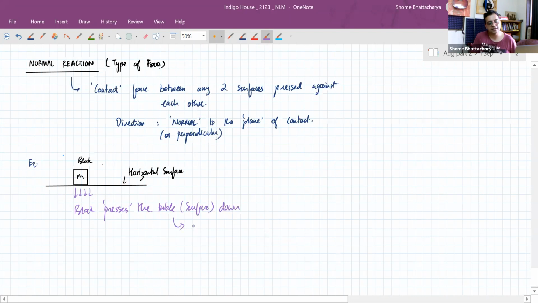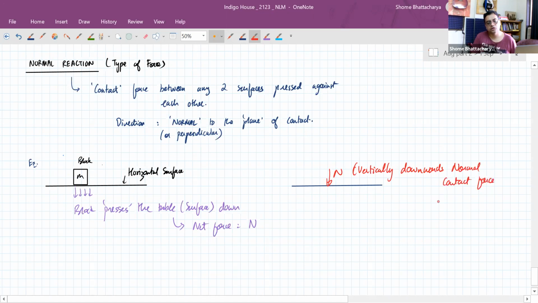Okay, so that net force with which it presses, that's called N. So when we think of the surface, it's experiencing a net force vertically downwards, normal contact force. Okay, this is on the surface, on the horizontal surface, applied by the block.